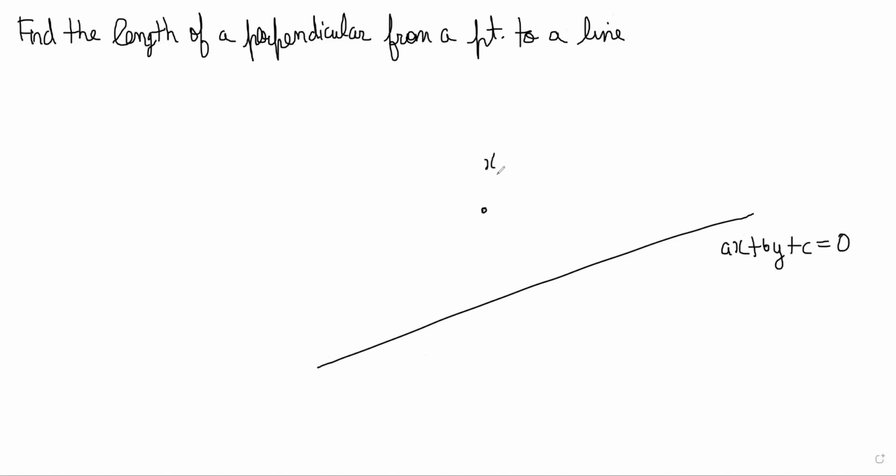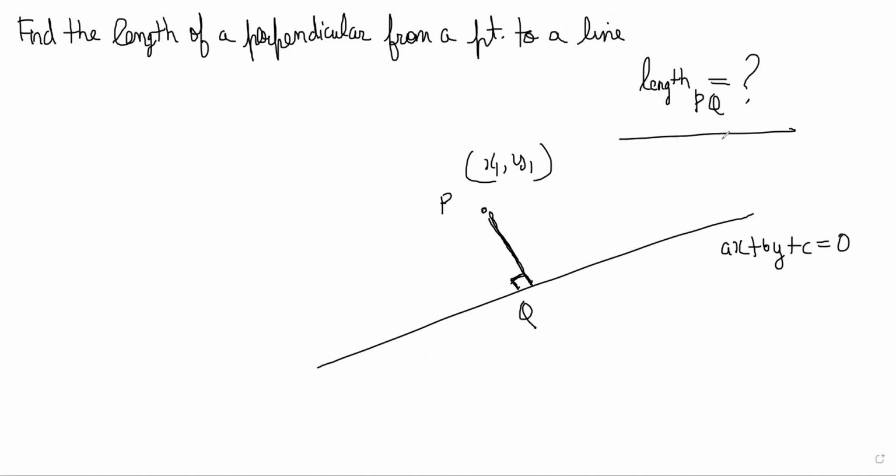And this is my point x1, y1. We have to find out the length of this. What is this distance? Length PQ. Do you know how to find that? You mean the point to line distance formula? The point to line distance formula, yeah.